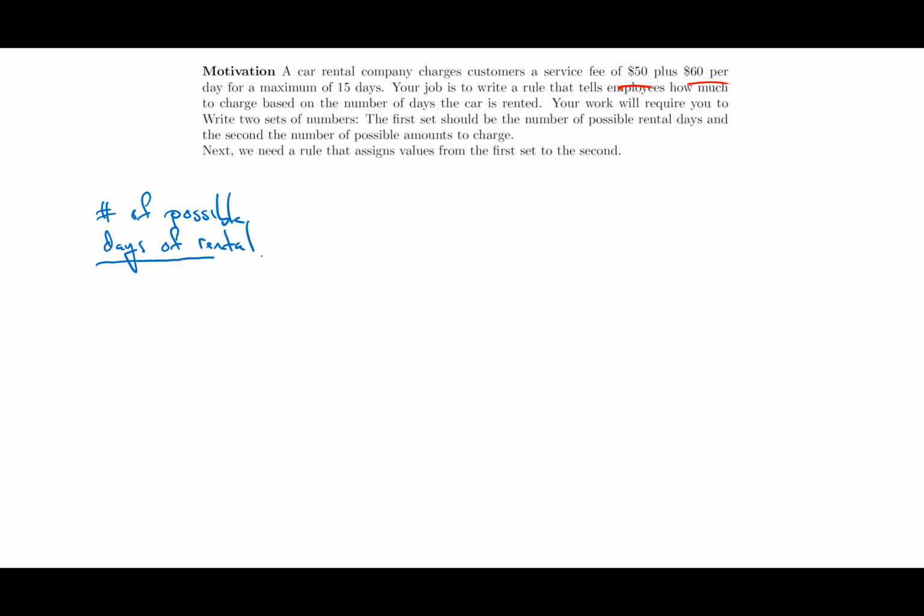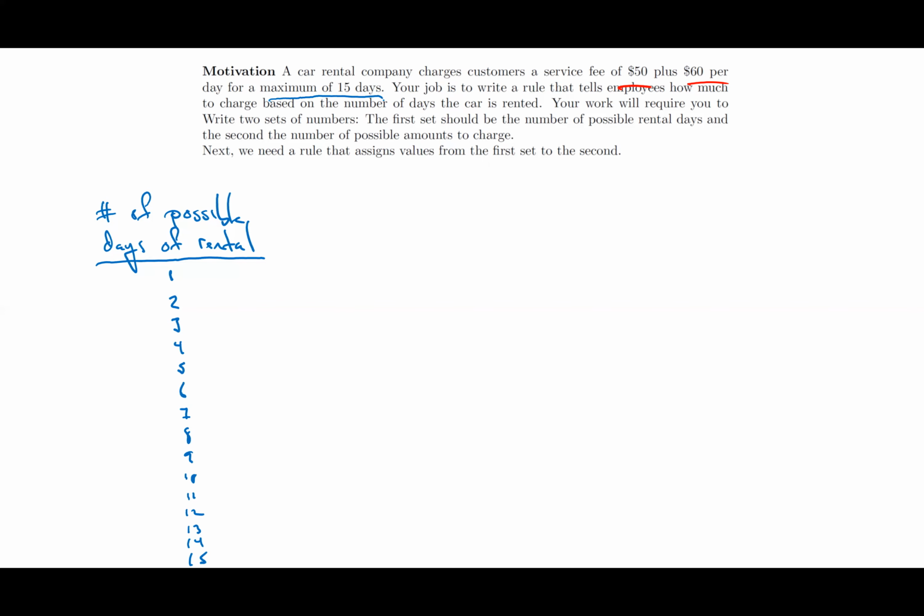You rent a car, could be rented for 1 day, could be rented for 2 days, 3 days, 4 days, 5 days, 6 days, 7, 8, 9, 10, 11, 12, 13, 14, or 15, okay? We're told a maximum of 15 days.